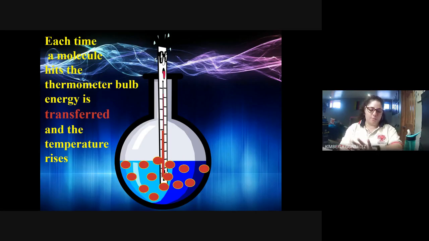The more that the molecules are moving, the more collisions you will see, and the more that the temperature will increase.